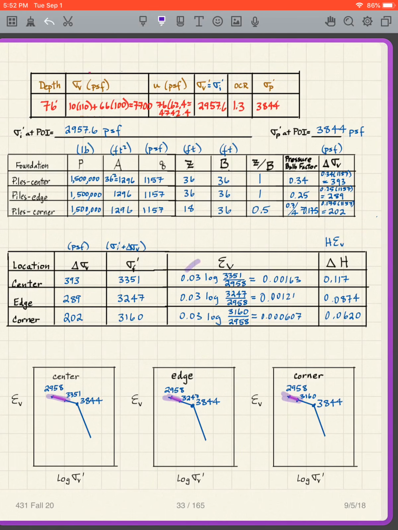So we have the C epsilon r log sigma prime f over sigma prime I. That gives us our epsilon v's, and then our delta h is our h times epsilon v. So we get our delta h's, that's in feet.